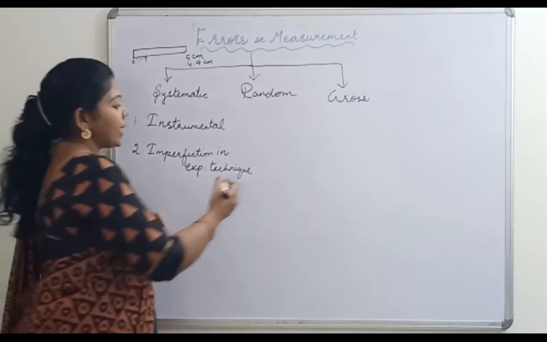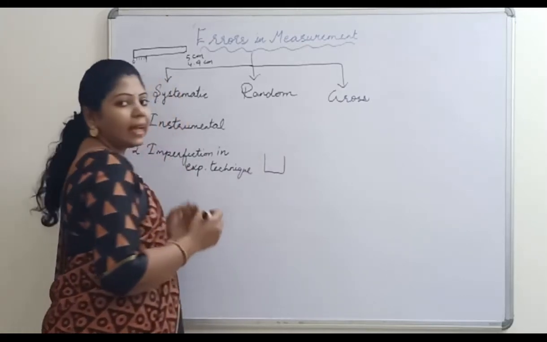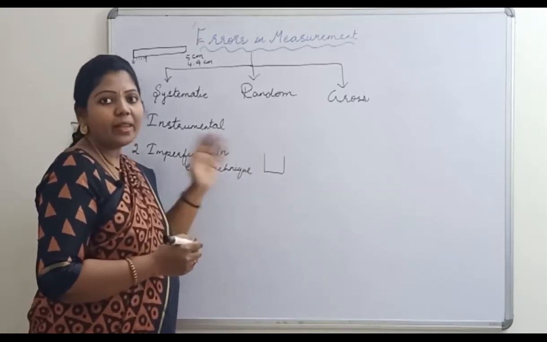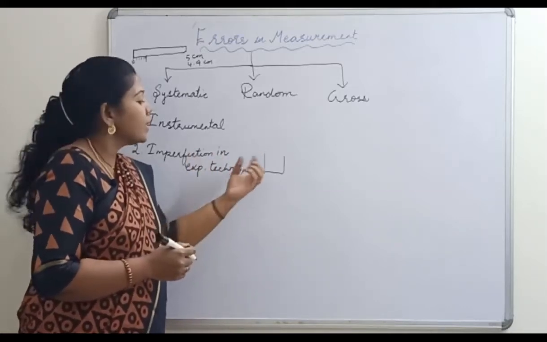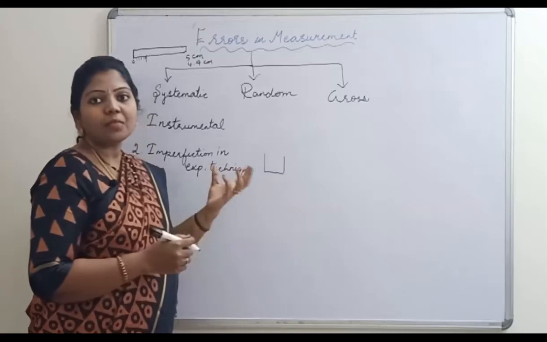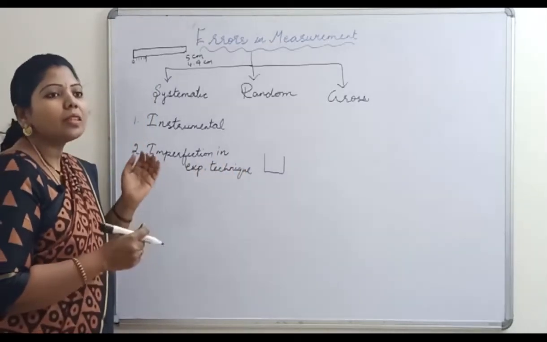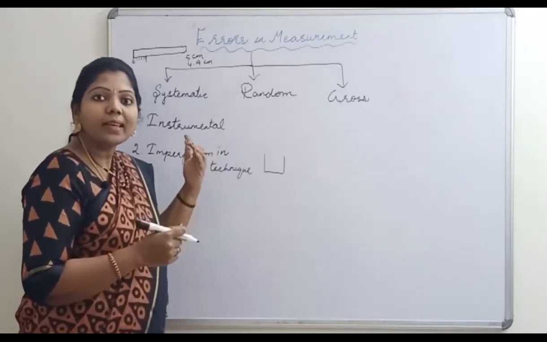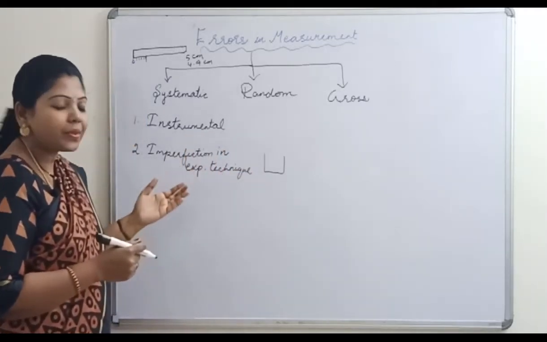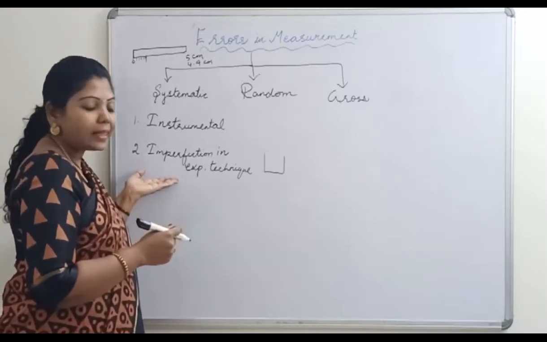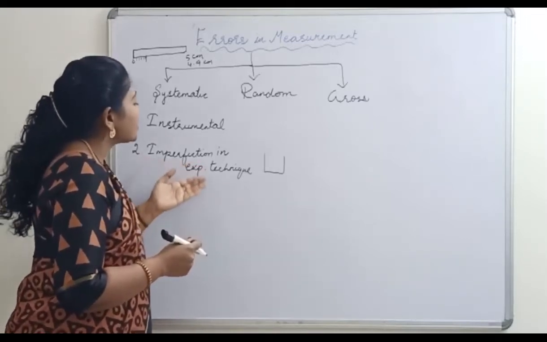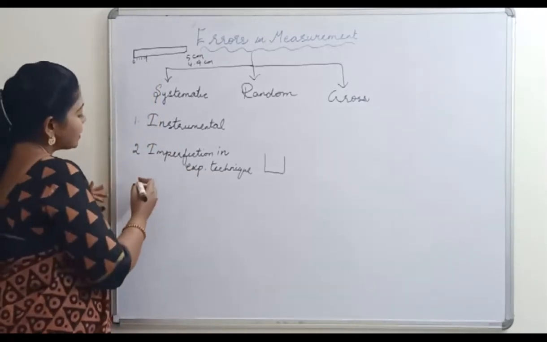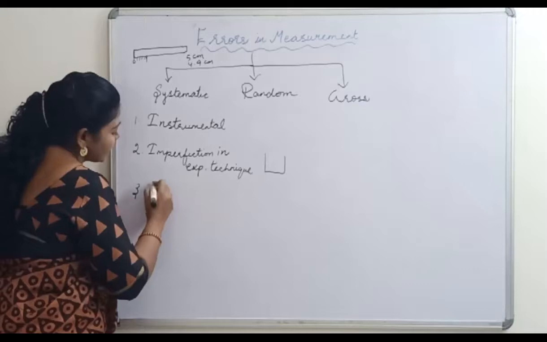Suppose you use a calorimeter, and if that calorimeter is not insulated properly, then there will be heat loss in the form of radiation. So it should be properly insulated before starting the experiment. If there is imperfection in that, we will be getting error, and that is called imperfection in experimental technique.